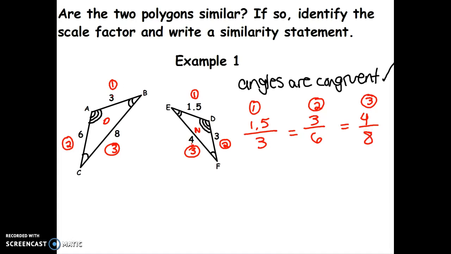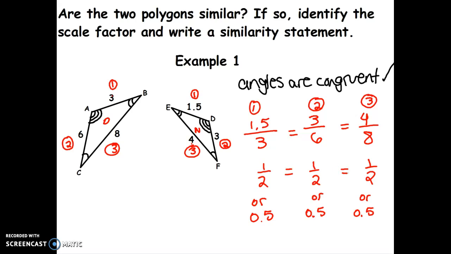What we need to do now is simplify each of these fractions and see if they end up to be the same number. So 1.5 divided by 3 would be 1/2, or 0.5. 3 divided by 6 would be 1/2, or 0.5. And 4 divided by 8 would also be 1/2, or 0.5.